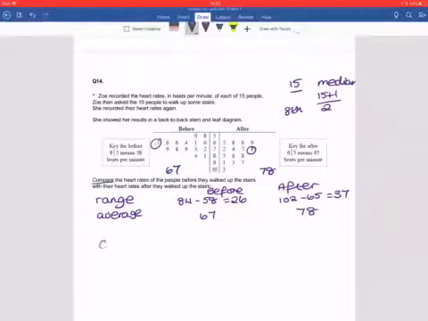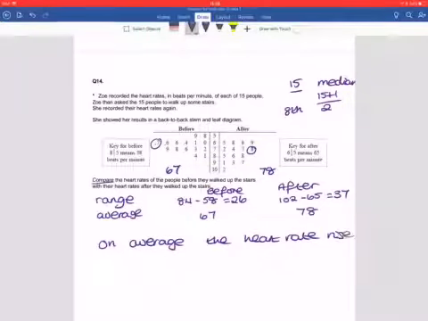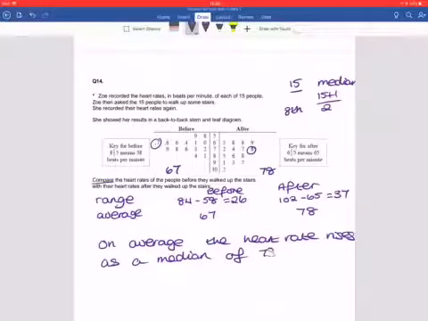So on average, the heart rate rises as a median of 78 compared to 67. That's number one.